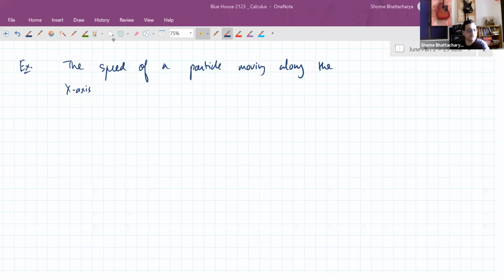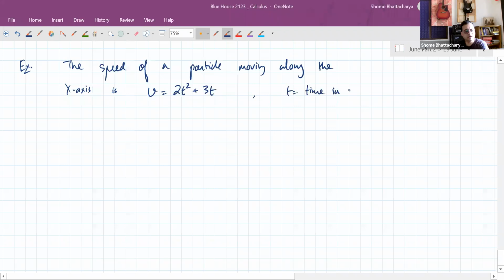So speed of a particle moving along the x-axis is given by this relation, suppose, where t is time in seconds and v is in meters per second. Okay.